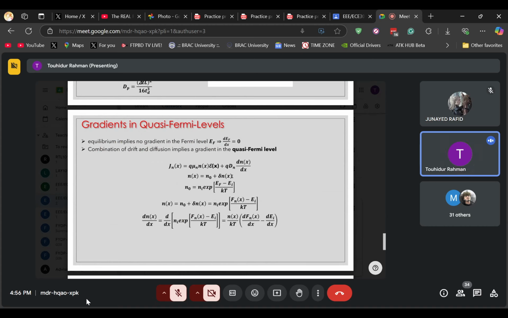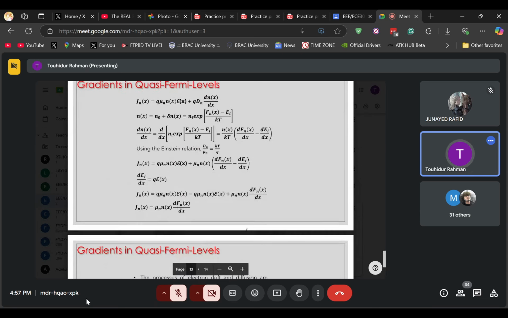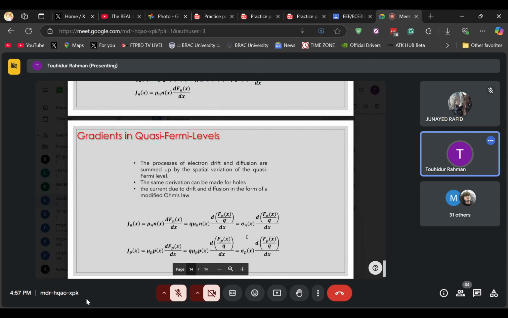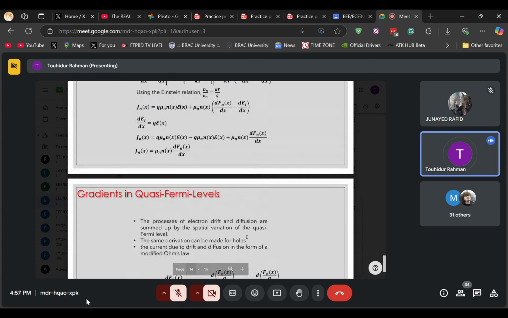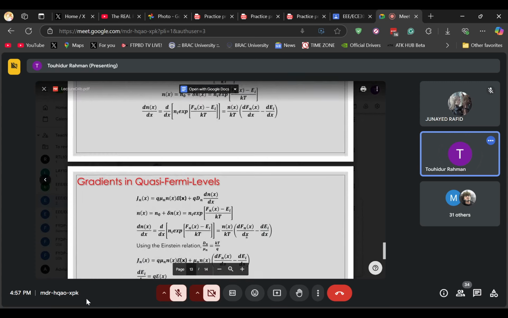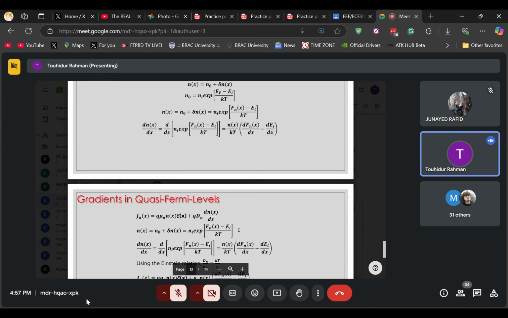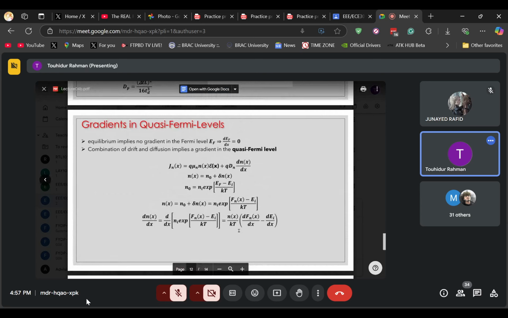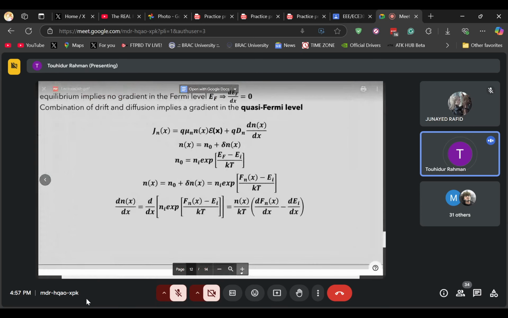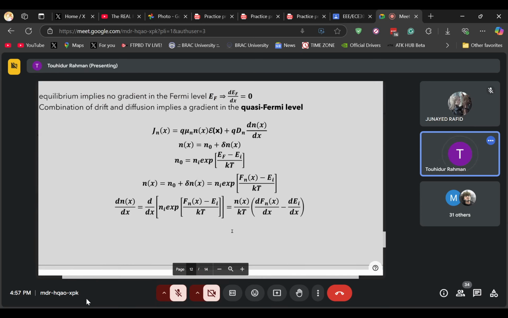However, I can explain it from this slide anyway. The other two slides are also included, but I'm not going to go through them because these are mathematical derivations. You can do it by yourself. I'm sure you can do it. That's why I'm not going to go through it, but I'm going to explain the basic concept.